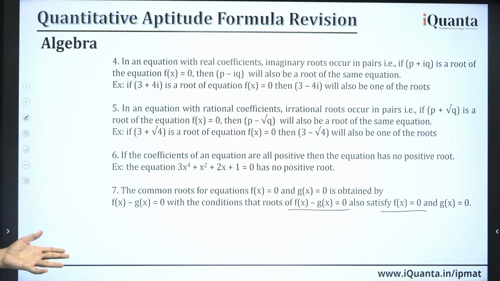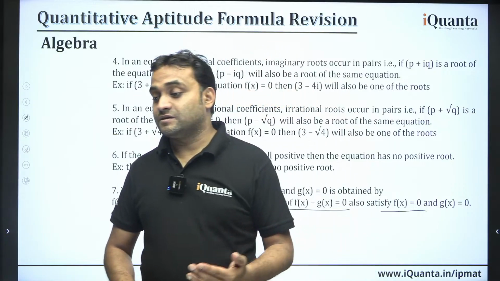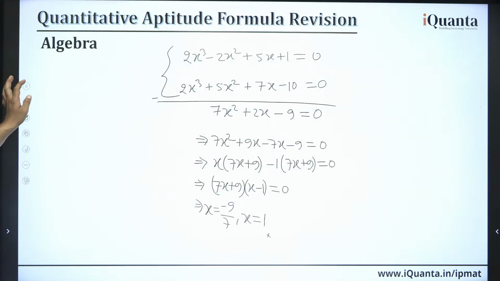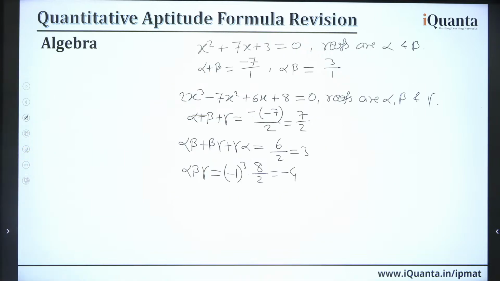Then some more rules about the polynomials and about the roots, the relation between imaginary roots, the relation between irrational roots, है ना. Then we also learned about the common roots between two different polynomials. Then this is again the important part, properties of roots is what we learned about. We saw few examples as well.